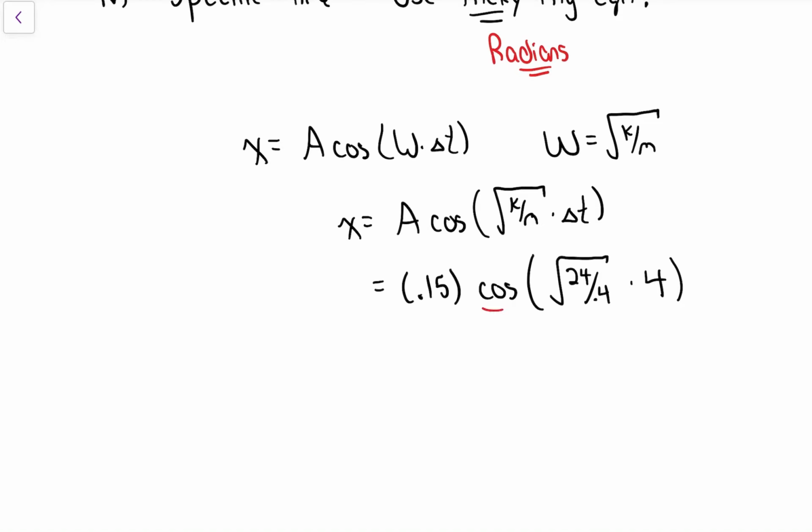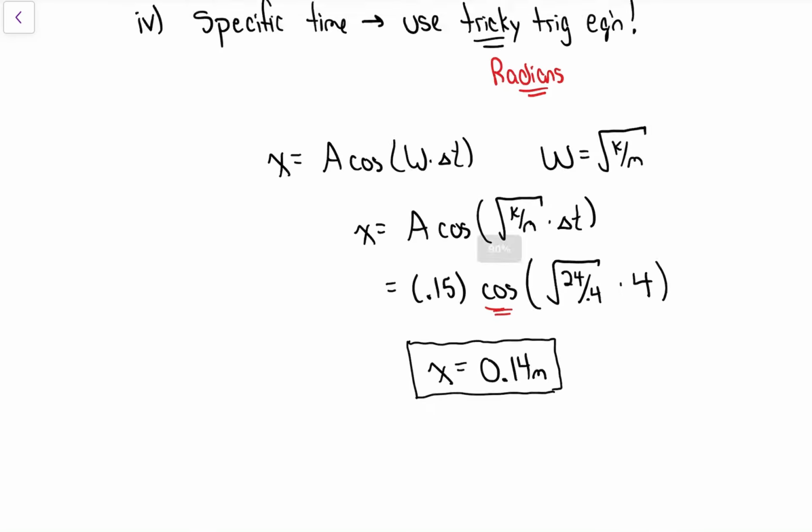Crunch all that out. You have to be in radians before you hit the cosine button. When I crunched it out, I got an answer of 0.14. It's positive, so that means it's whichever way we pulled it to begin with. Let's say to the right, it's 0.14, which is smaller than the amplitude, which is good. It's not very much smaller, so it's basically back at the amplitude position after 4 seconds.